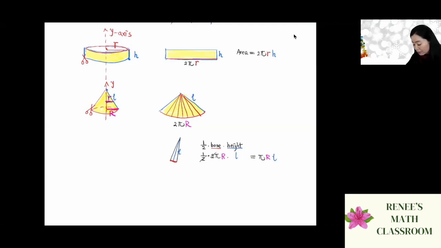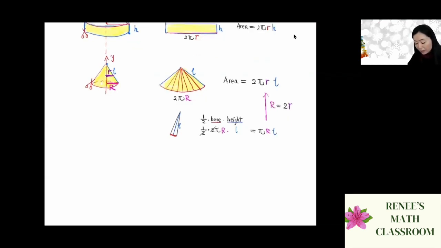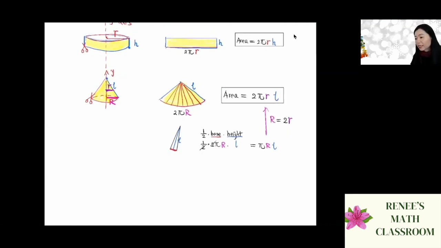Then what happened over here? Then this pi RL is going to turn into, so the area for this is going to be 2 pi and then this small r right here. Now, how did you do this? Because this big R is equal to 2 times small r. So we have the same formula like this.